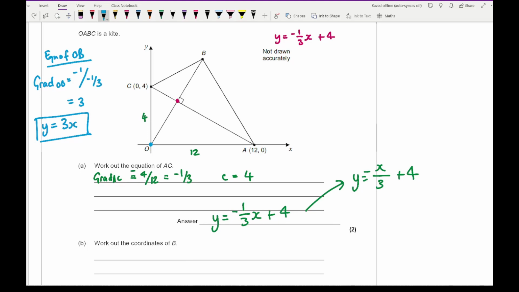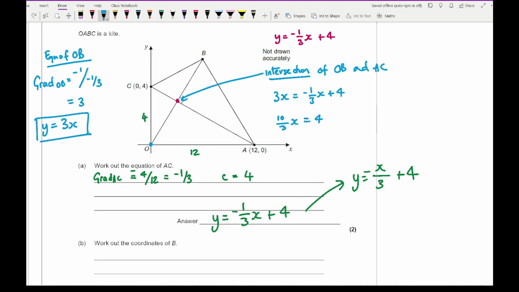So then, to find this point here, which is the intersection point, I need to use simultaneous equations, the intersection of OB and AC. If I make the two equations equal to each other as they're both equal to y, I get 3x equals minus 1/3 x plus 4. Take that over, and what I end up with is 3 1/3, which is 10 over 3 x equals 4.